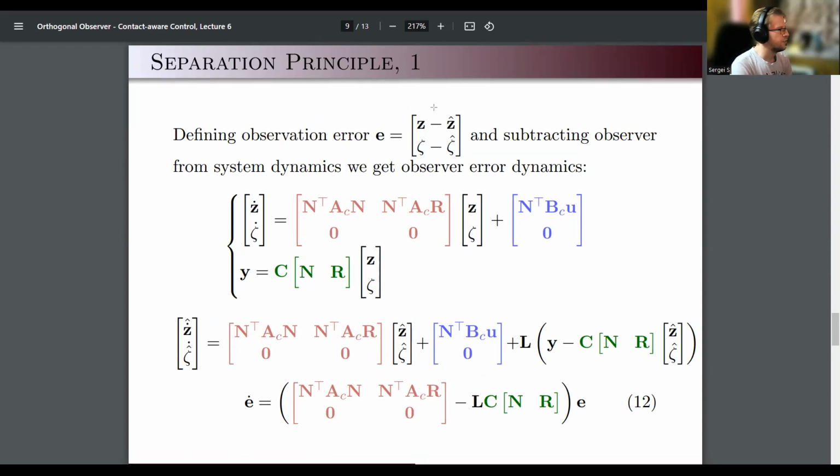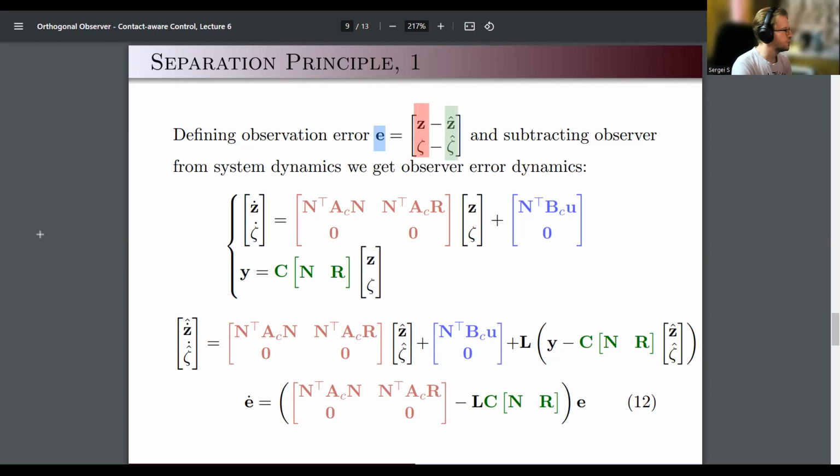So first of all, we define observation error, which is the difference between Z and Z estimate, and zeta and zeta estimate. So just the difference between those two defines our estimation error. E will be our estimation error, and we aim to find the dynamics of the estimation error.